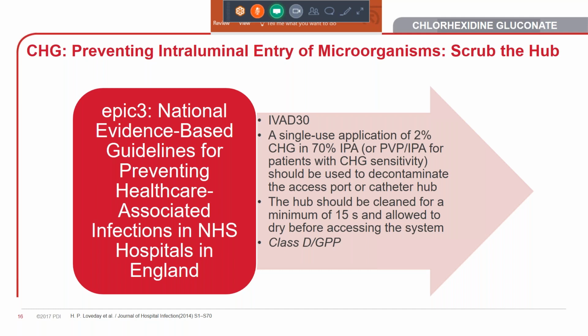So we have across the ocean our colleagues there taking that leap of faith to indicate that chlorhexidine alcohol is, again, preferred, just as it's preferred for skin antisepsis, for hub disinfection.